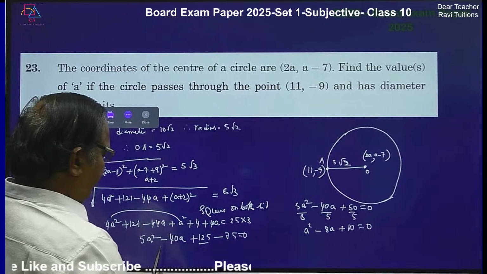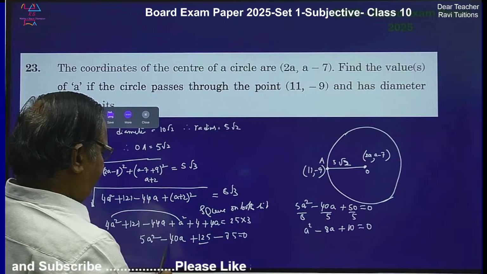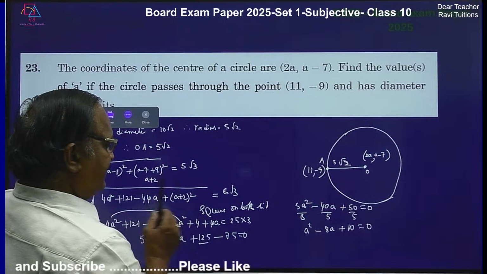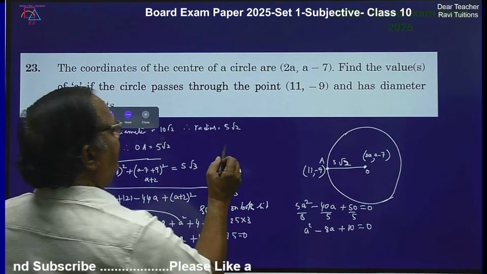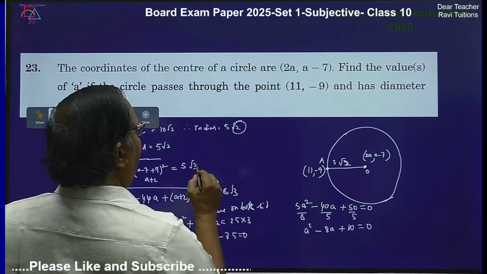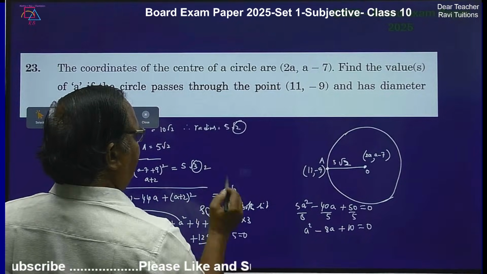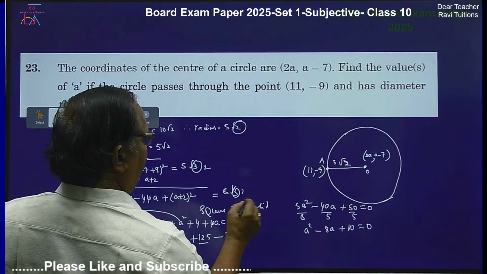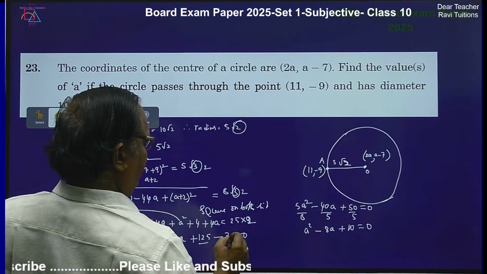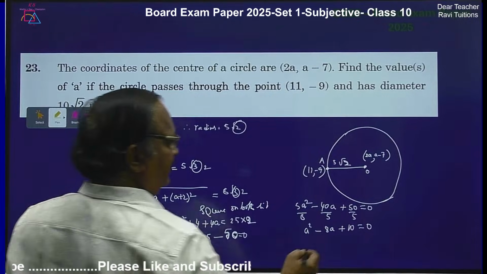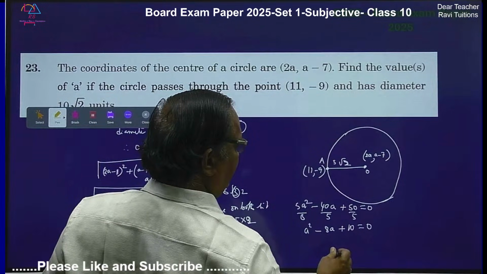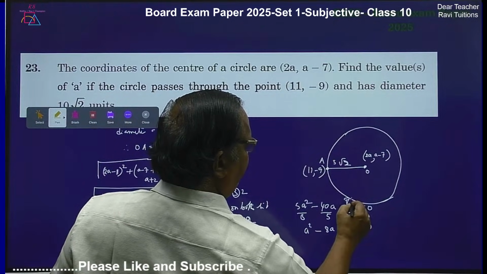So 5a square minus 45, 40a, 125 minus 75. Here 2 is there and here I wrote 3. So 50. So then 75.